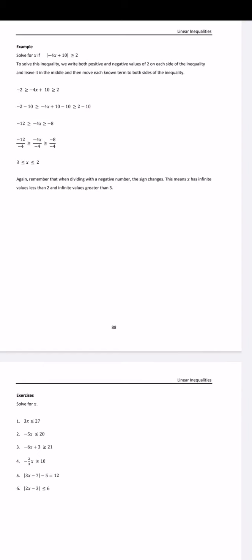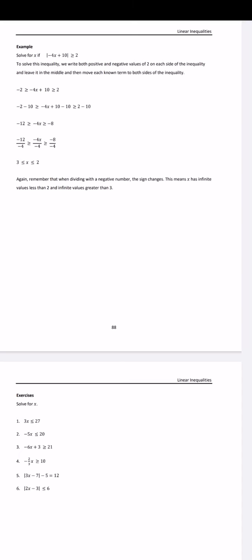So to solve this inequality, we write both positive and negative values of 2 on each side of the inequality and leave the expression in the middle. We leave the inequality in the middle while placing the 2, both positive and negative, on both sides.